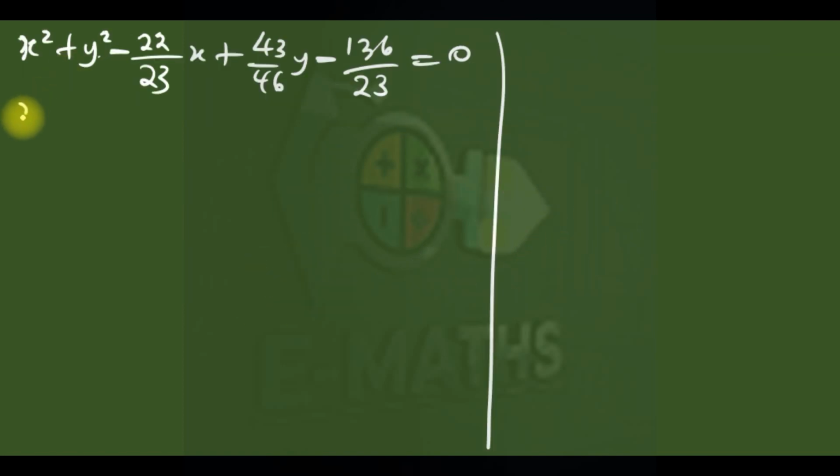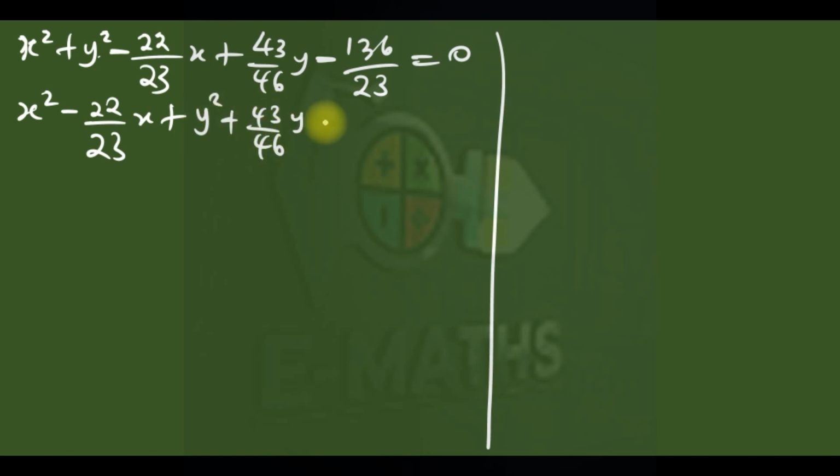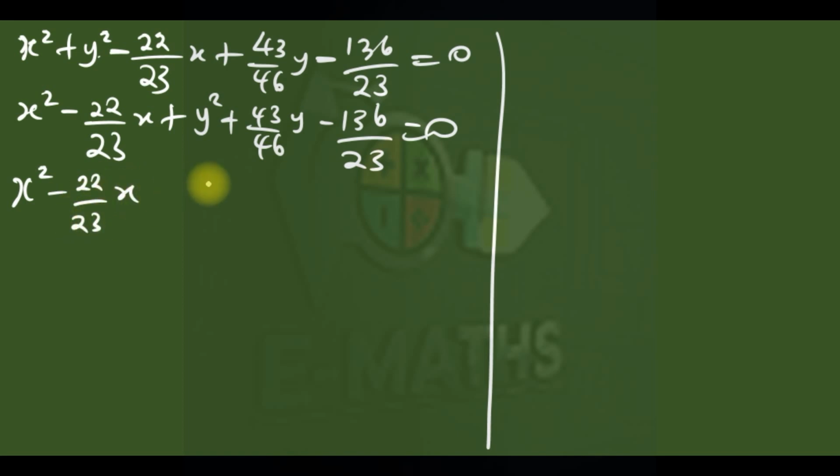So we can write this as x squared minus 22 over 23x plus y squared plus 43 over 46y equals 136 over 23. Remember, we need to make this a perfect square, and this. So we have x squared minus 22 over 23x.